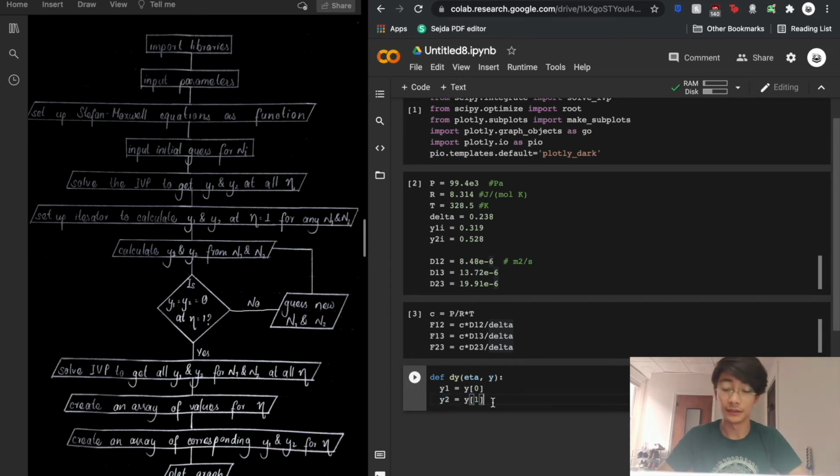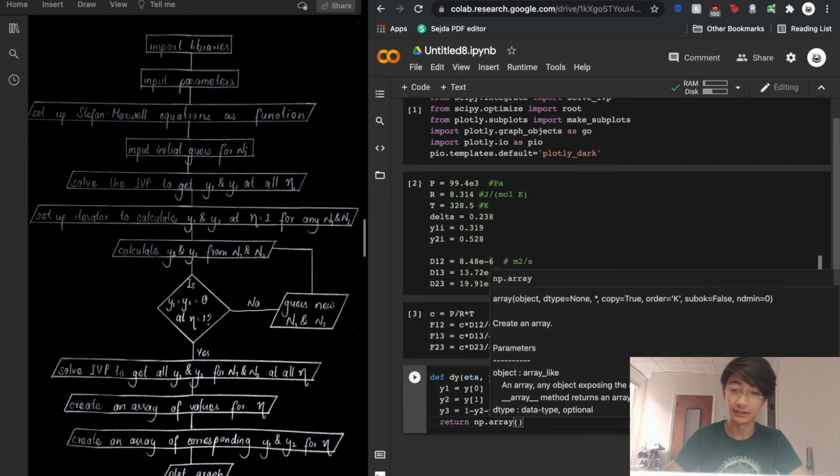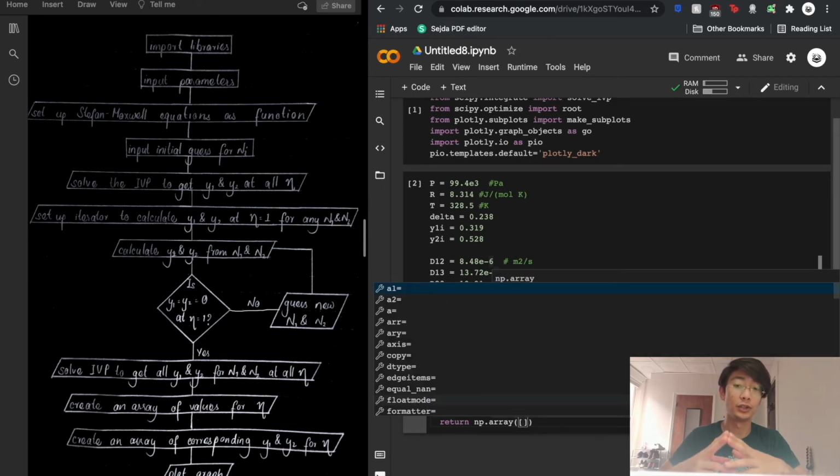So that's our inputs, and we know that y3 is simply equal to 1 minus y2 minus y1. This is because the total mole fraction should always be equal to 1. And what we want this function to return is the actual equation. So np.array, we're creating an array here, and this array is going to have two elements.